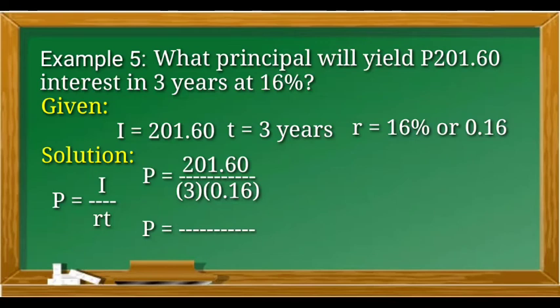We will just copy the numerator and multiply the numbers in the denominator. 3 times 0.16 equals 0.48. Then 201.60 divided by 0.48 equals 420.